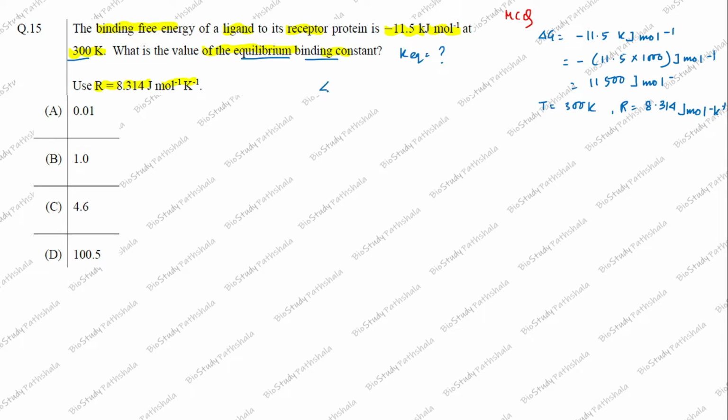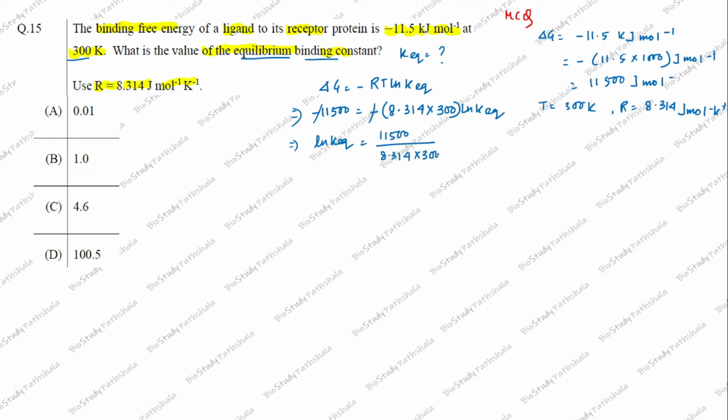R value is given 8.314 joule mole inverse Kelvin inverse. So we know the equation, that is delta G is equal to minus RT ln K EQ. Delta G value, minus 11500, is equal to minus 8.314 into 300 ln K EQ. Minus will be removed from both the sides. So ln K EQ value will be 11500 divided by 8.314 into 300.